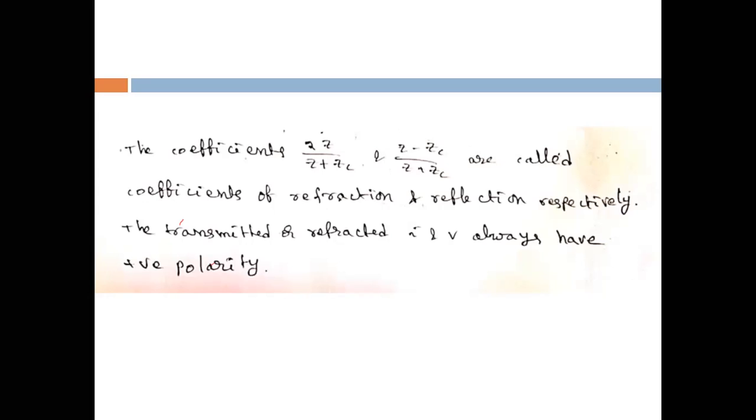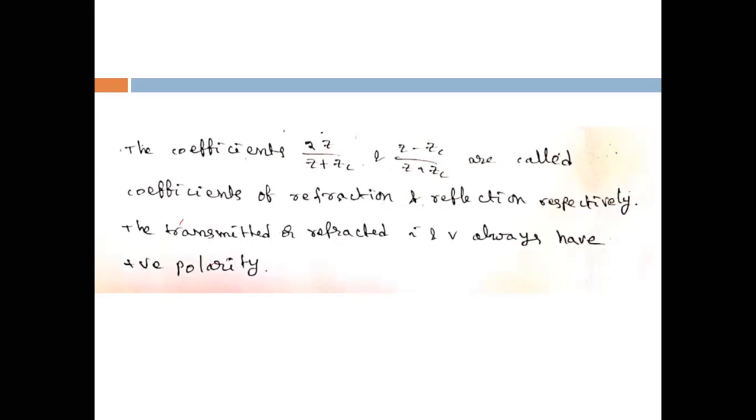Okay, if zc is greater than z, then the voltage wave is negative and the current wave is positive, or the reverse condition, where the current wave is negative and the voltage wave is positive, vice versa, if z is greater than zc.